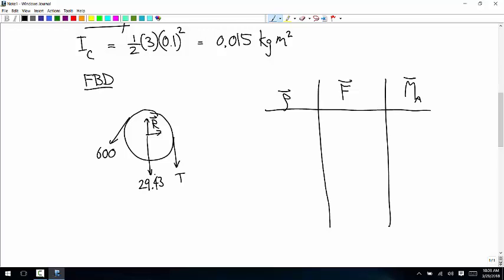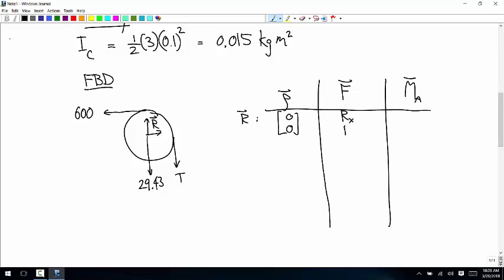Yep. That's right. Or vertically, yep. Okay, so the about point is the center, so that force R has no rho vector.